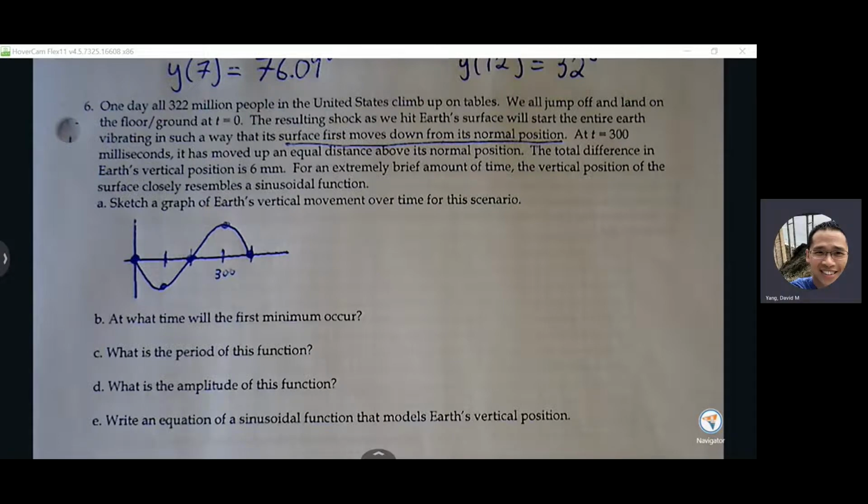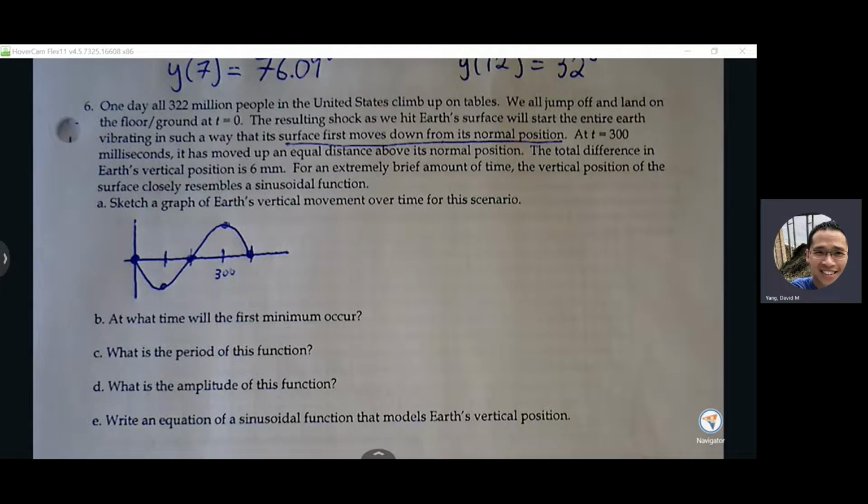Hardest part is just to create the graph, right? So the surface is going to start at equilibrium, which we consider 0. But then after that force occurs, the surface is going to move down from its normal position.